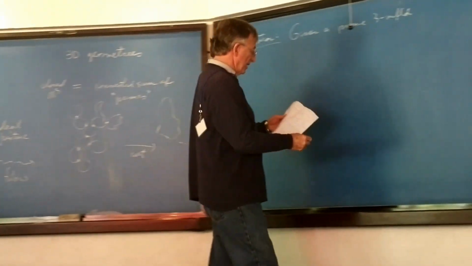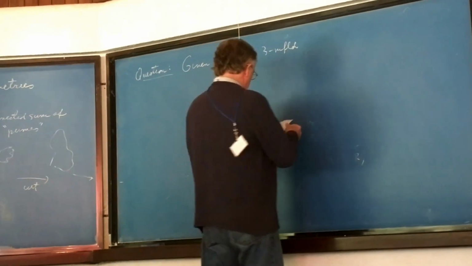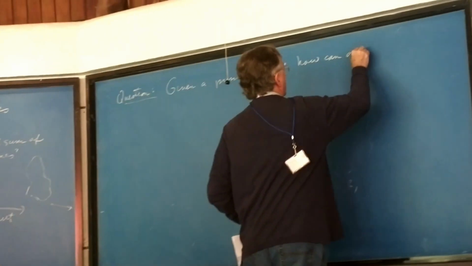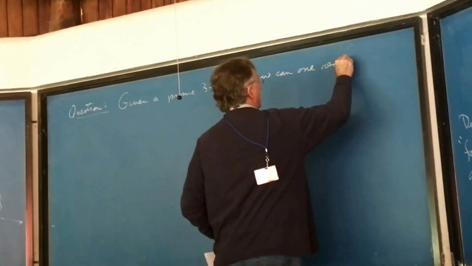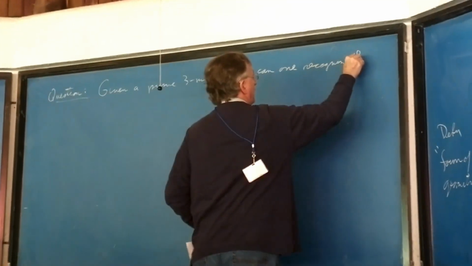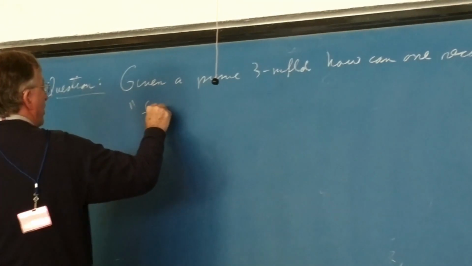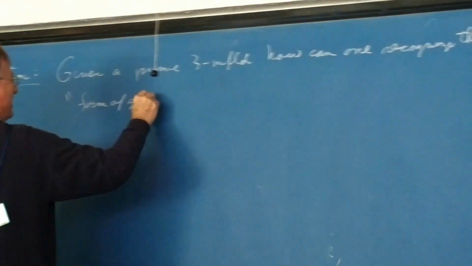Okay, but given a prime three manifold, how can you recognize or compute the form of geometrization?